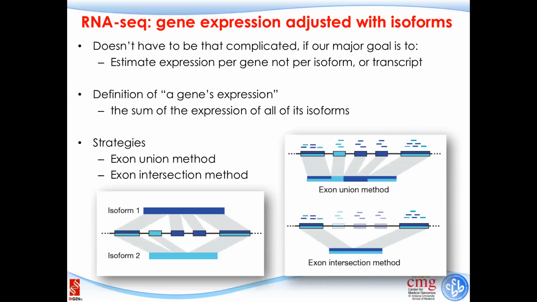And when you take the RPKM, you will use the total counts. If you use the total length of the gene, the major number of counts are from the first isoform, from the short exon, but you divide this value by the total length of the gene.